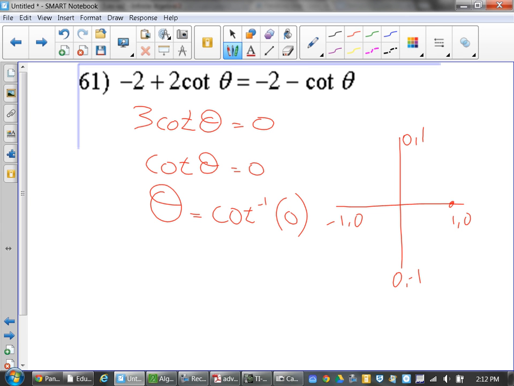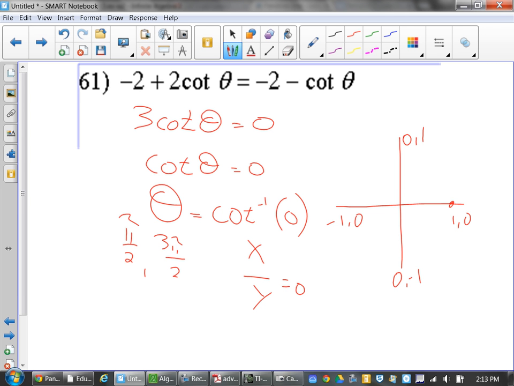If tangent is y over x, cotangent is x over y, so I want x over y to equal 0, which means y can't be 0. Which sets of points give me a nonzero y? Second or third, pi over 2 and 3 pi over 2, 90 and 270. So my answer is pi over 2, 3 pi over 2.